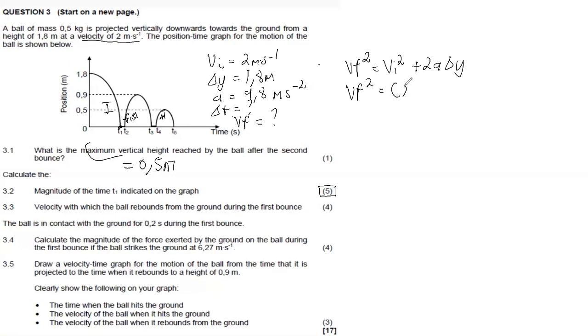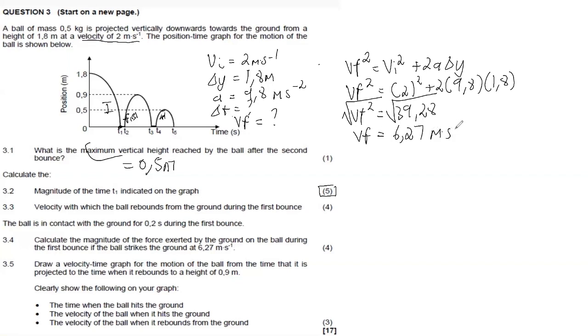My V initial, that's 2. And then here I have positive 9.8. Then my delta Y is positive 1.8. Now punching all this into my calculator, I have VF squared equals 39.28. Then if I take the square root of both sides, VF has to be equal to 6.27 meters per second.